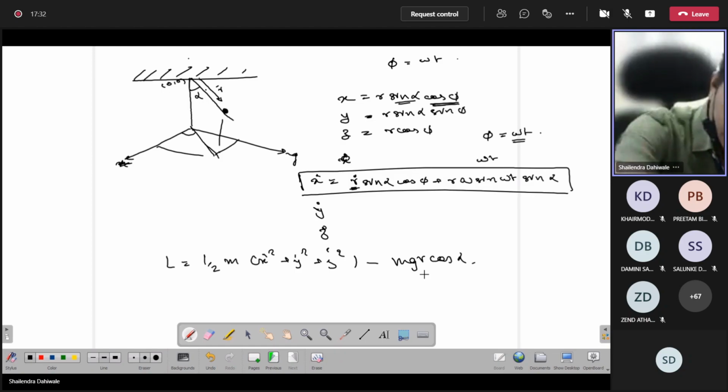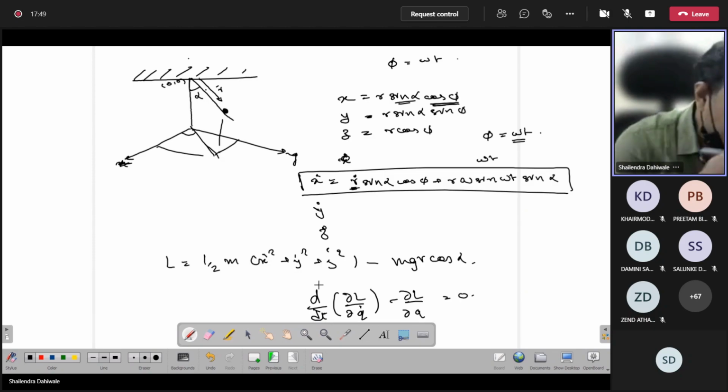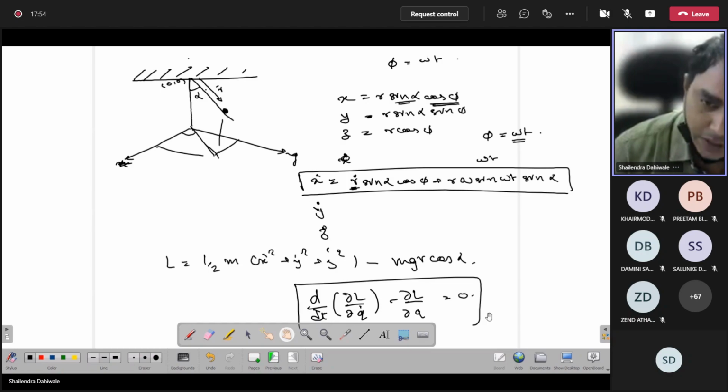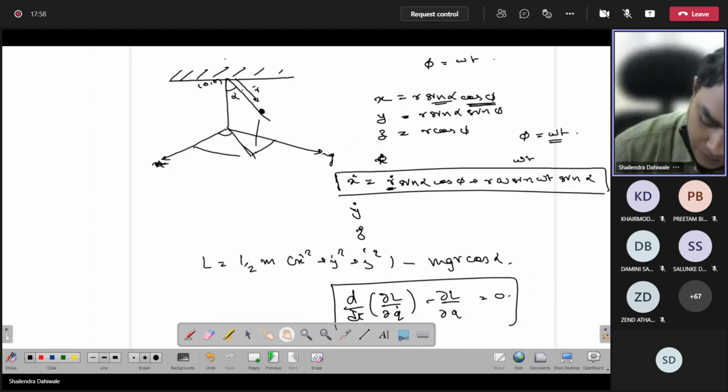So far we have been writing this Lagrange's equation of motion, that d/dt of del L by del q dot minus del L by del q is equal to 0. So we are writing this, but so far we don't know how they are coming. So today we will try to find out how they come.